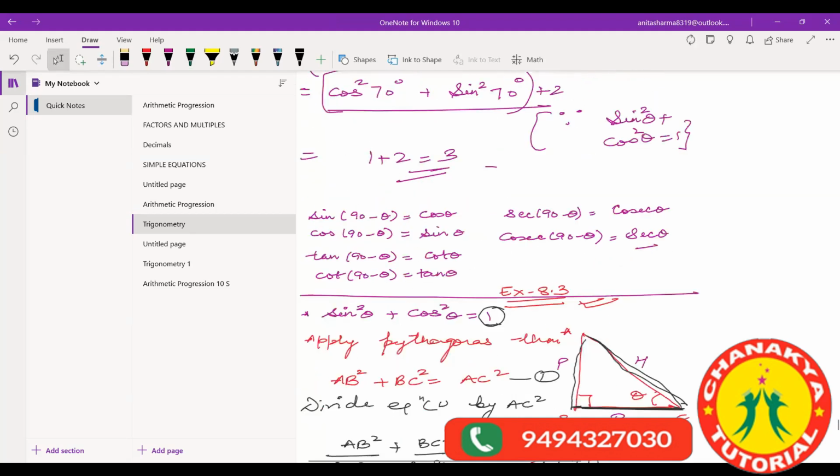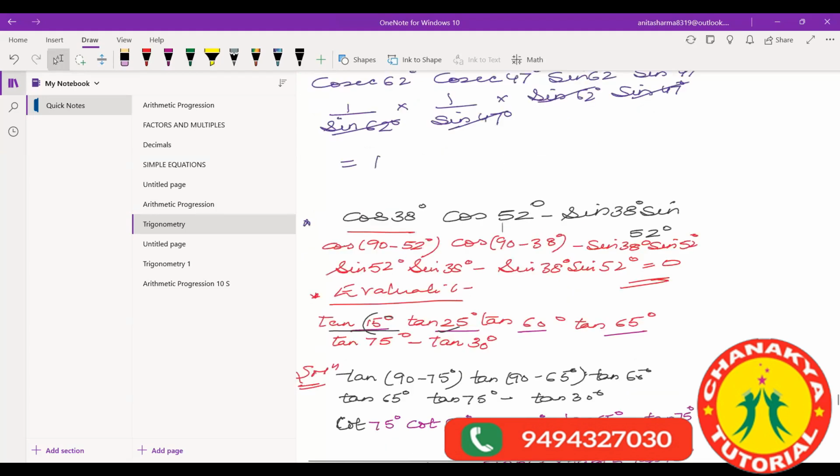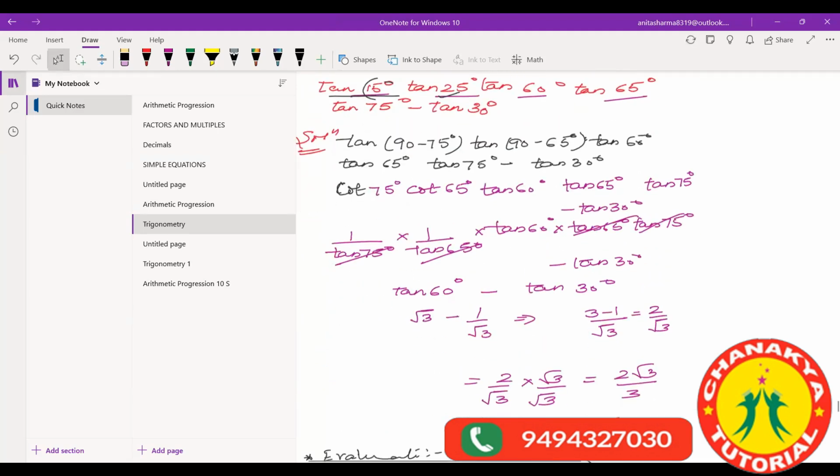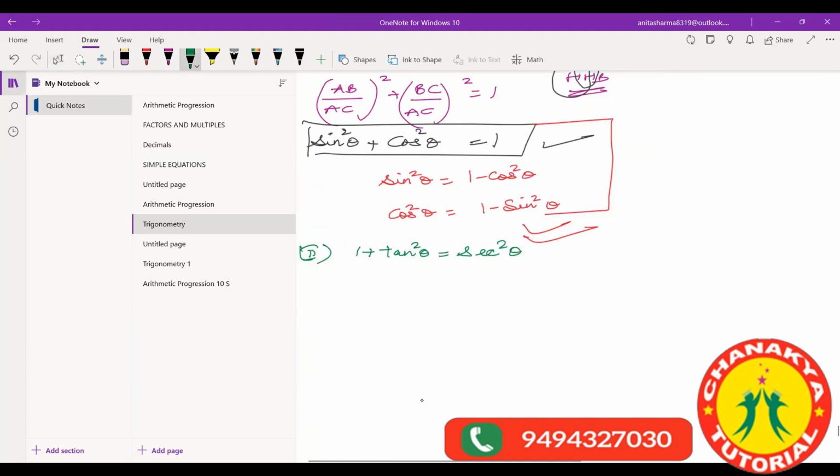So it was AB square plus BC square is equal to AC square.